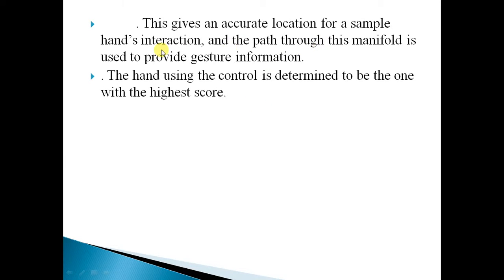By this hand interaction, the accurate location will be given as a sample, and this accurate sample hand interaction will be manipulated to provide the gesture information, and the hand using the control will be determined as the one with the highest score.